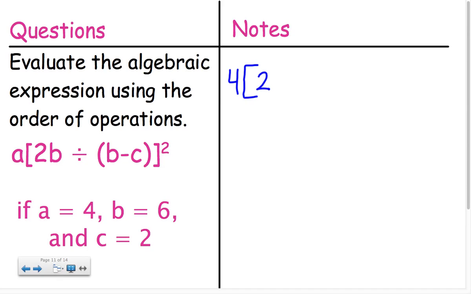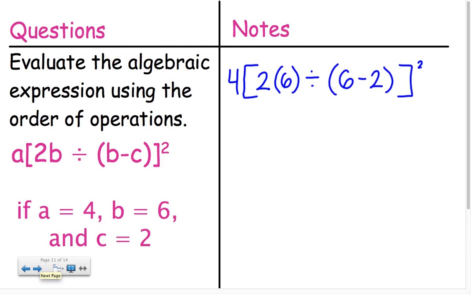Remember, I have 2, and then since it's touching the B, I'm going to replace the B with 6, so that's the same as 2 times 6, divided by parentheses B, which is 6, minus C, which is 2, squared.